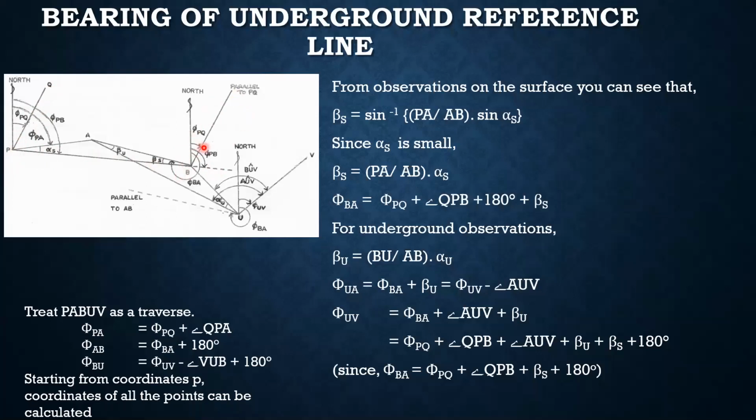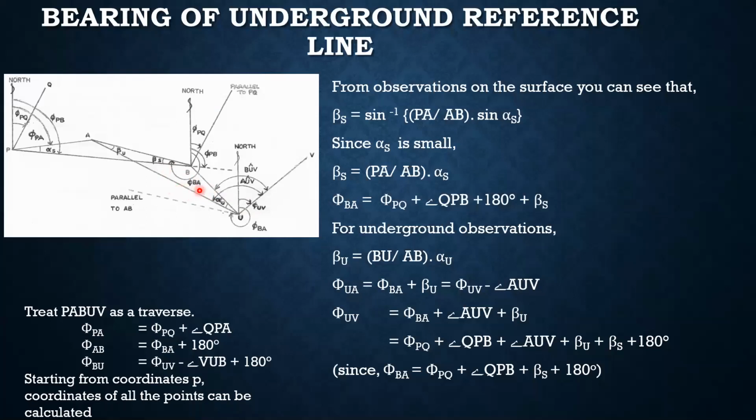Then at this angle and at this angle, then another 180, you will come up to this PB line, and if you add beta S here, you will get this equation. So this is the bearing of BA with respect to north, which is equal to phi PQ, and it gives this equation.